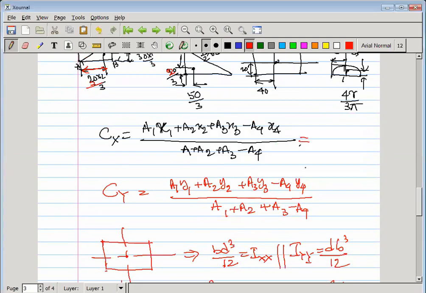Has anyone calculated this one? Yes or no? Okay, you can calculate yourself, no issue.